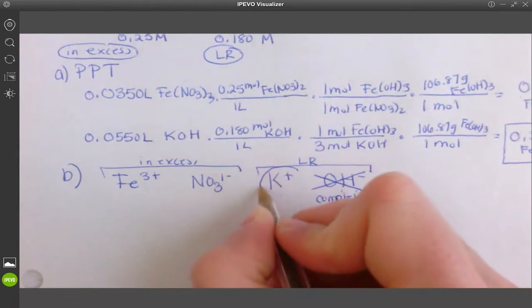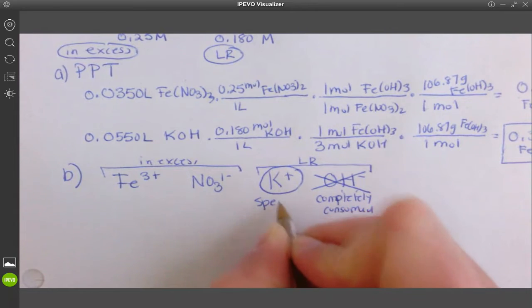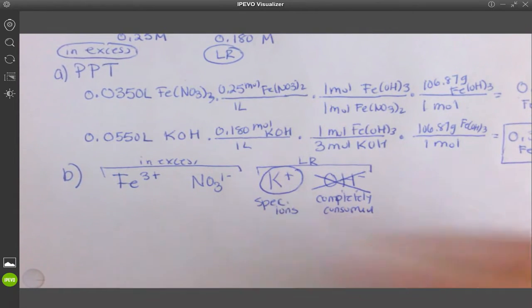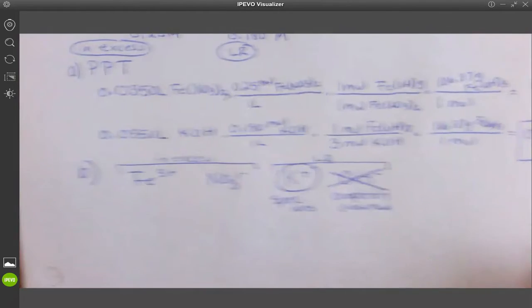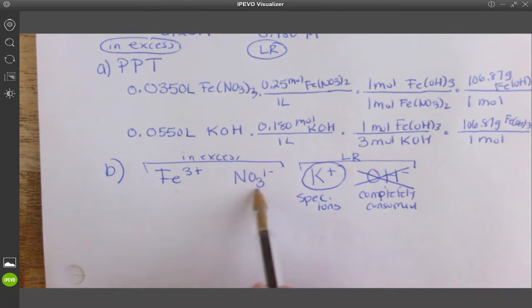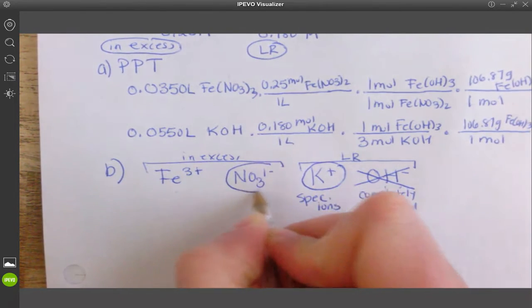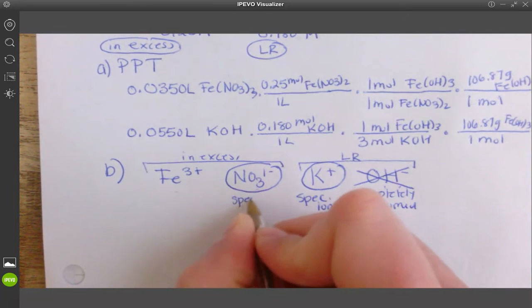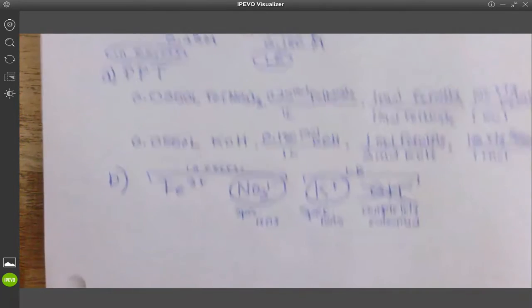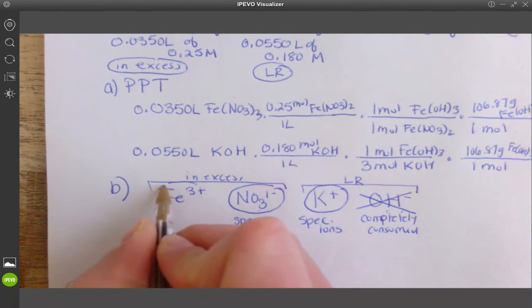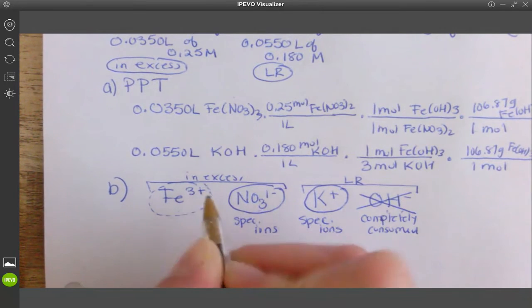However, K plus ions are spectator ions, so those are going to be fully present. If I now look at my reagent in excess and the ions that are present in that iron 3 nitrate, I know my nitrate ions are going to be completely present because those are also spectator ions. And then there's my iron 3 plus ion. I'm just going to circle it with a dotted line.